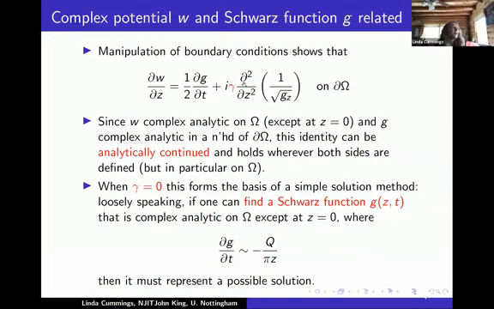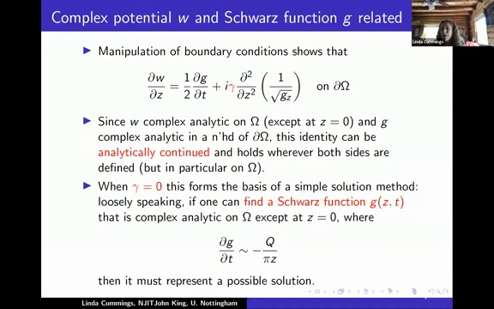Okay. Now, for the zero surface tension problem, which we're focusing on for the moment, this equation here forms the basis of a remarkably simple solution method, really. I mean, there are technicalities to how you apply it, but the concept is very simple. So loosely speaking, if you can find a Schwarz function, g of z and t. And I should mention, many of you may know this, but not any old complex analytic function is a Schwarz function.